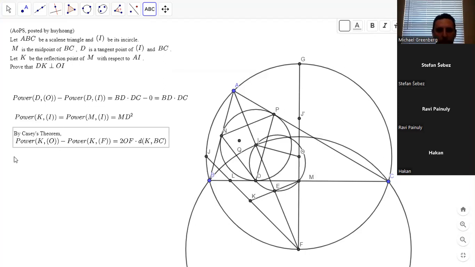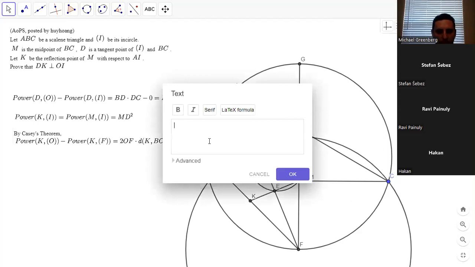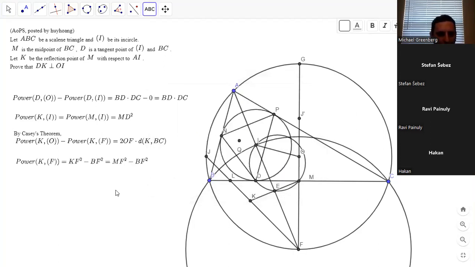So that's KF squared minus BF squared, which is MF squared minus BF squared, and so what's the distance?